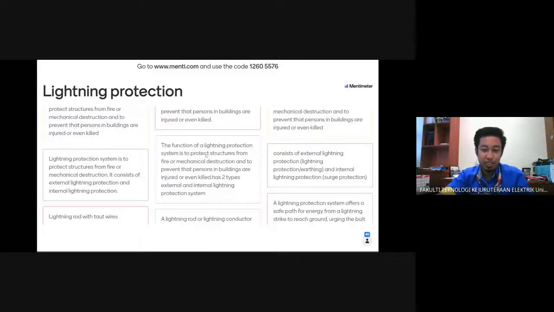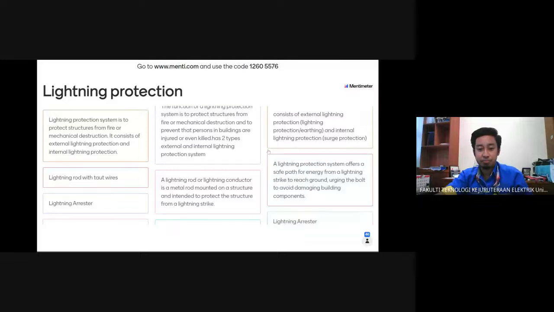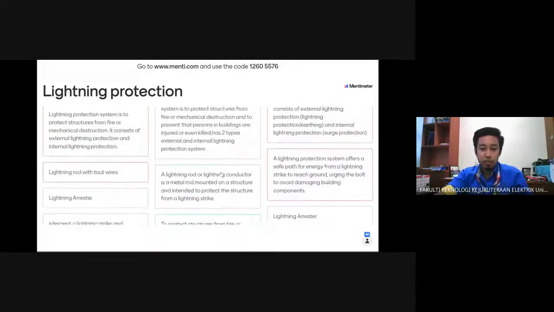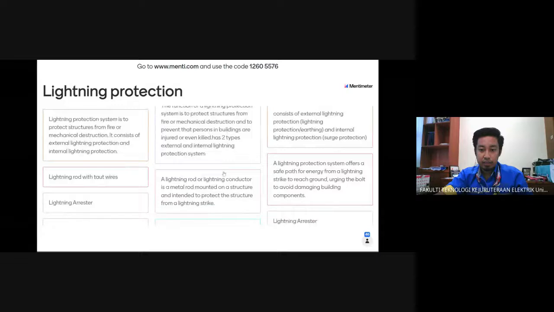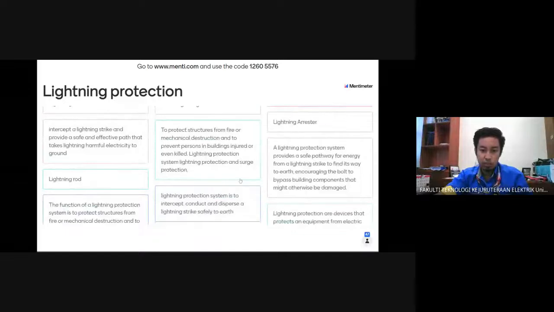Banyak jawapan ni, okay, thank you semua. So masing-masing boleh tengok jawapan kawan-kawan. But normally the answer is the same objective, to protect the building or the human from being killed. So the components, such as lightning bolt, lightning arrestor.